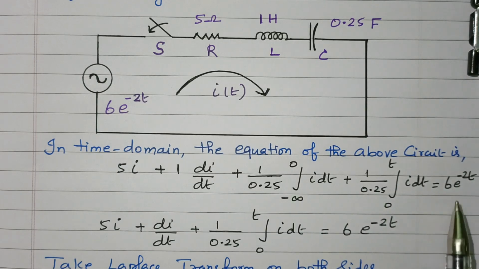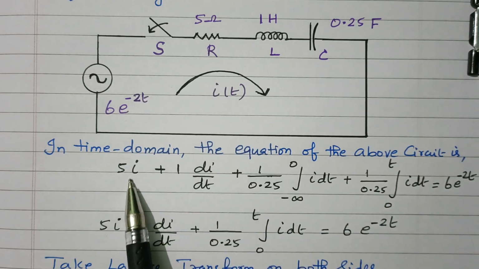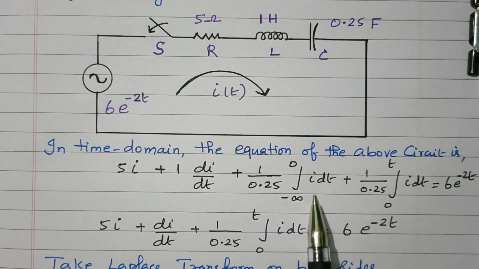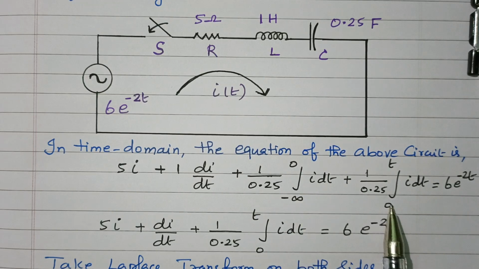So this is the applied voltage, right? So 5i plus di by dt plus, so this initial value of charge is 0 even in the problem itself. This is the initial value of charge. This is the voltage drop across the capacitor at the time t equal to 0. So this term becomes 0.